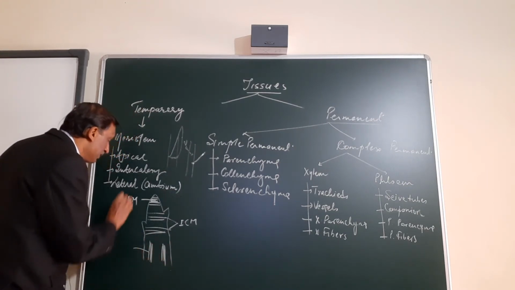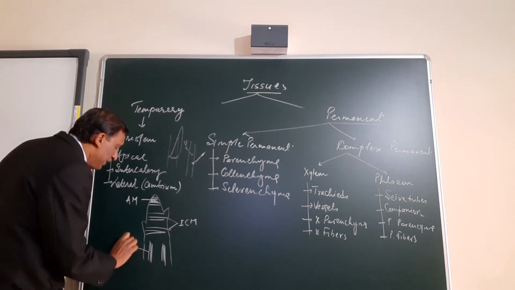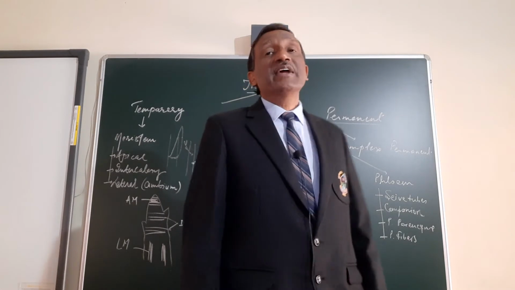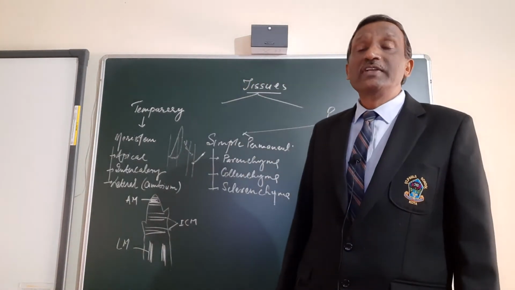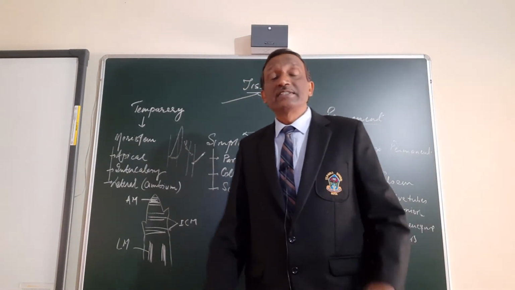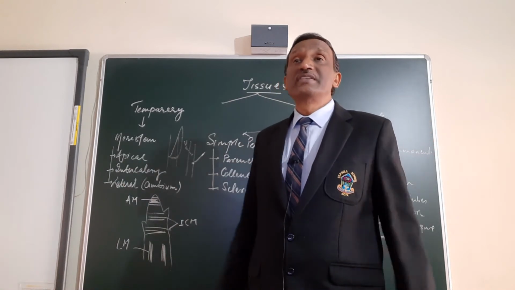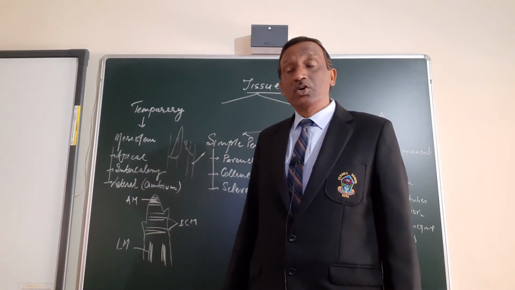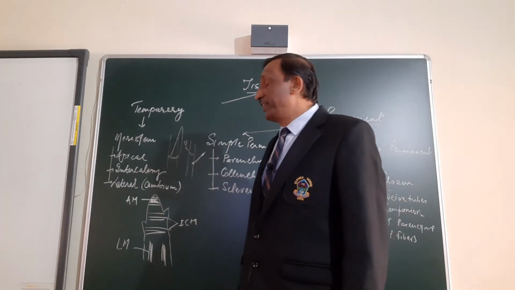So this is the lateral meristem, LM, or we can also call them cambium. Cambium is responsible for giving xylem and phloem, and this is also responsible for increasing the girth of the plant, thickness of the plant. Okay, so these are the different types of meristem.